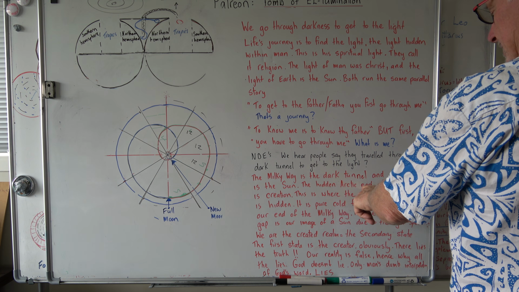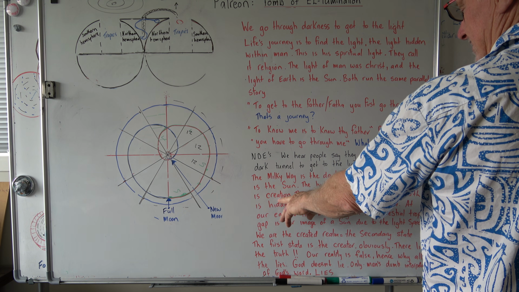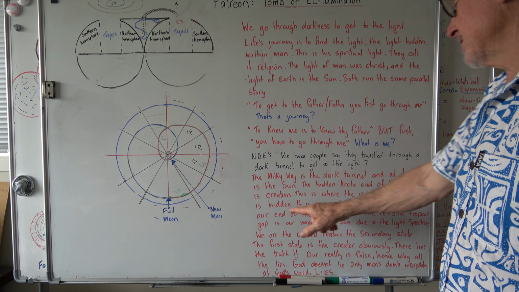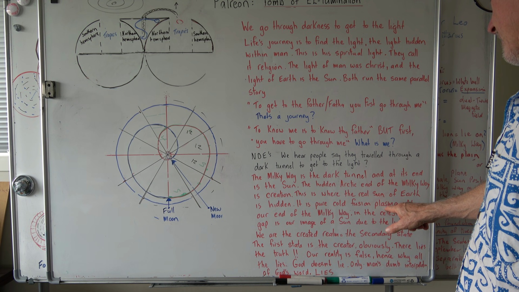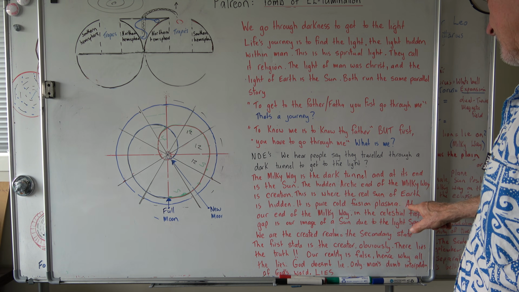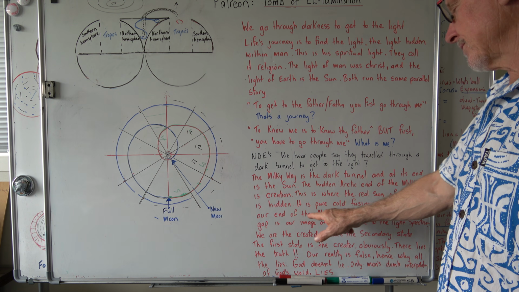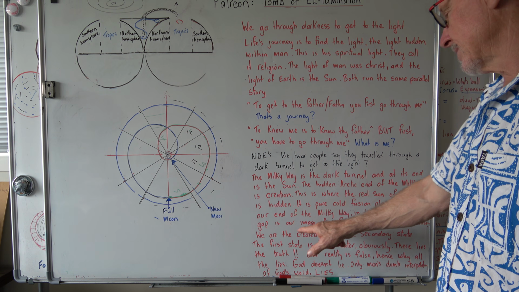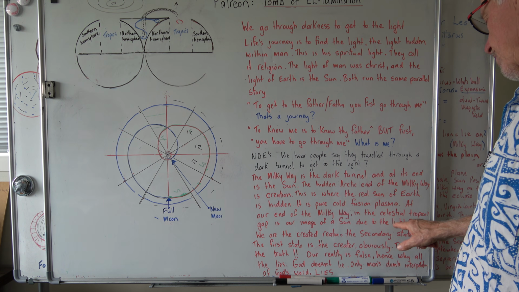The hidden Arctic end of the Milky Way is creation. This is where the real sun of Earth is hidden. It is pure cold fusion plasma, unseen to man. Cannot see pure plasma. At our end of the Milky Way, which is the celestial tropical gap, is our image of the sun seen through the light spectrum.